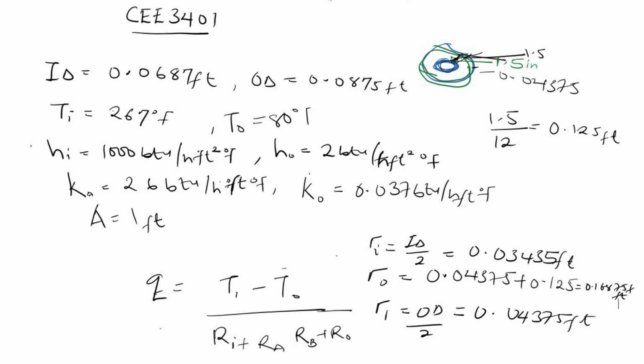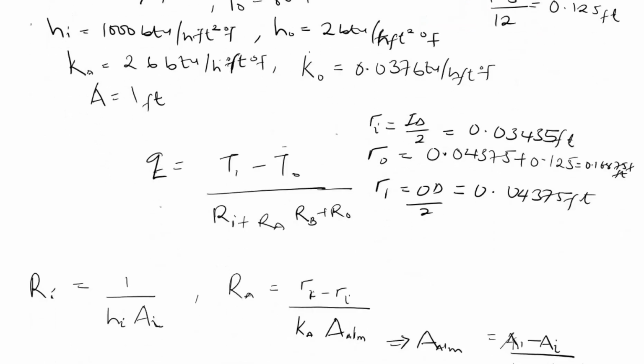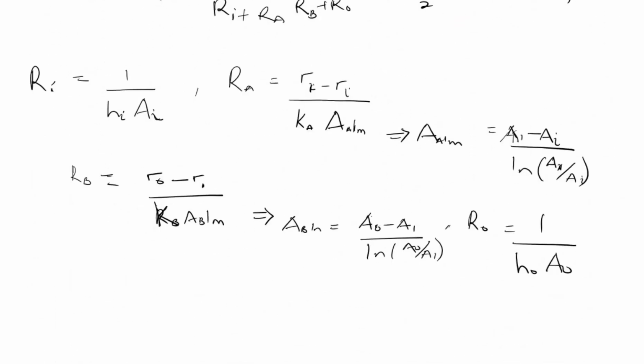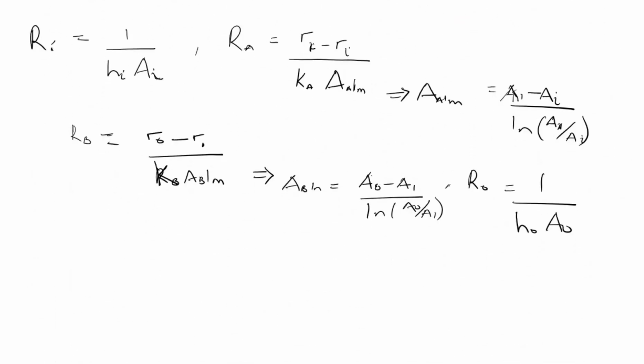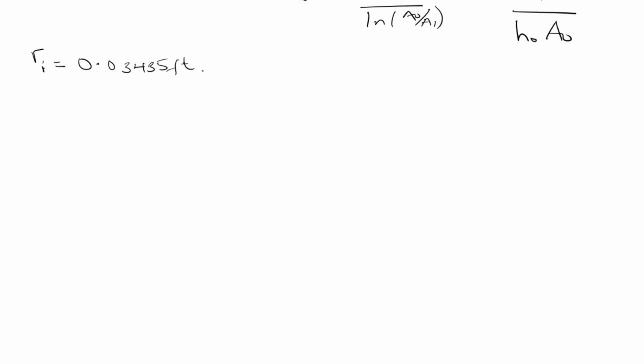So these are the values. I know that area is equal to what? 2 pi r L, since it's of a cylinder. So I'm going to use all those three radii I've calculated to determine my area. Ri is 0.03435 in feet.